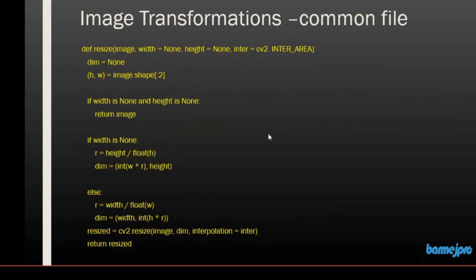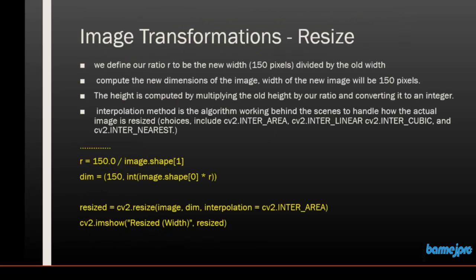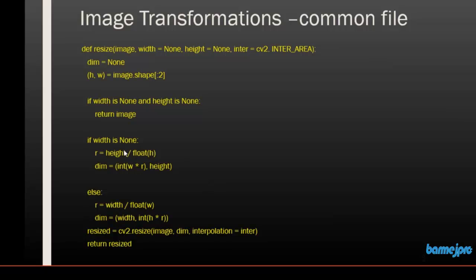In the previous exercise, we created a common file in which we can define functionality, called imutils. Here also we are going to include the resize mechanism inside our imutils file, so that we can use it very easily in our main program. So here we are defining the function. The function takes the arguments image, width, height, and the interpolation method.